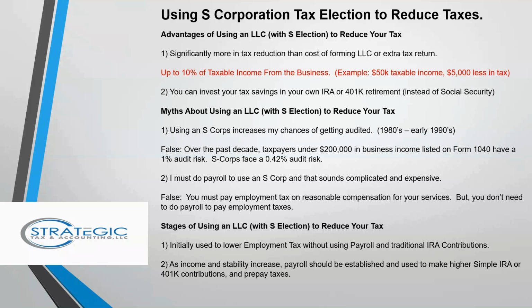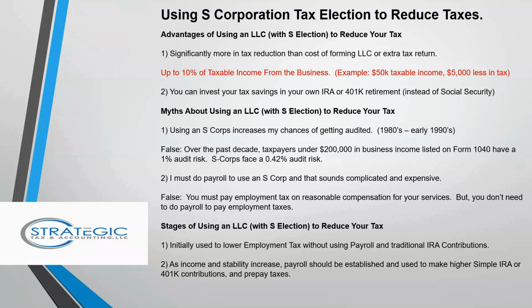You do need to have stability of income to do this, so you don't want to do it in 1 year with a new business if you don't think it's going to continue to do well.